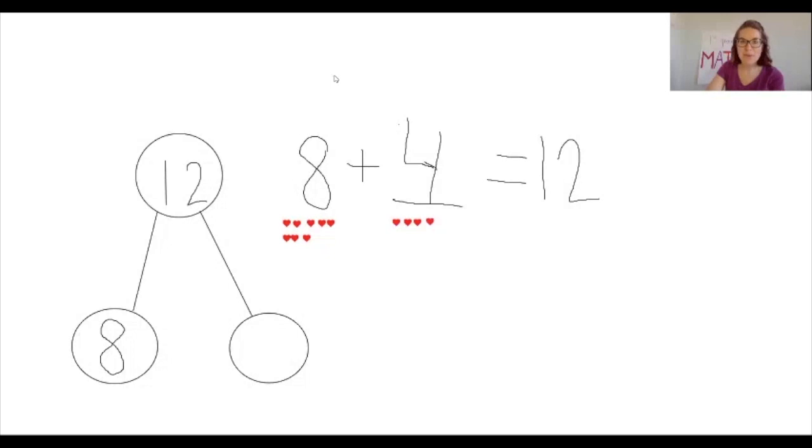And I can count them all up and make sure it equals 12. Check your work to make sure you're right. You could even make 10, let's see, 8, 9, 10, 11, 12. Give me a big thumbs up if you got the same answer that I did.